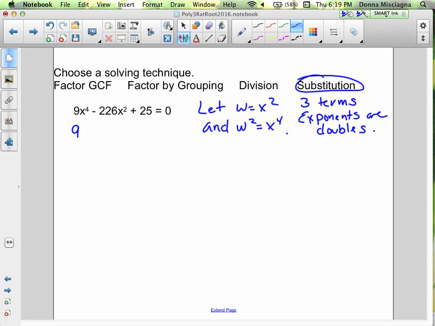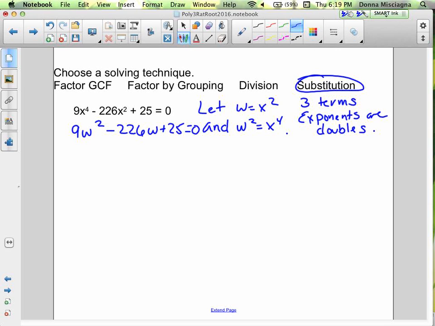So we have 9w squared minus 226w plus 25 equals 0. And this might look like a very scary problem, but let's multiply it out. I bet you it's not so scary. All right, so 9 times 25, that's like 9 quarters, right? So 4 quarters is $1. So 8 quarters is $2.